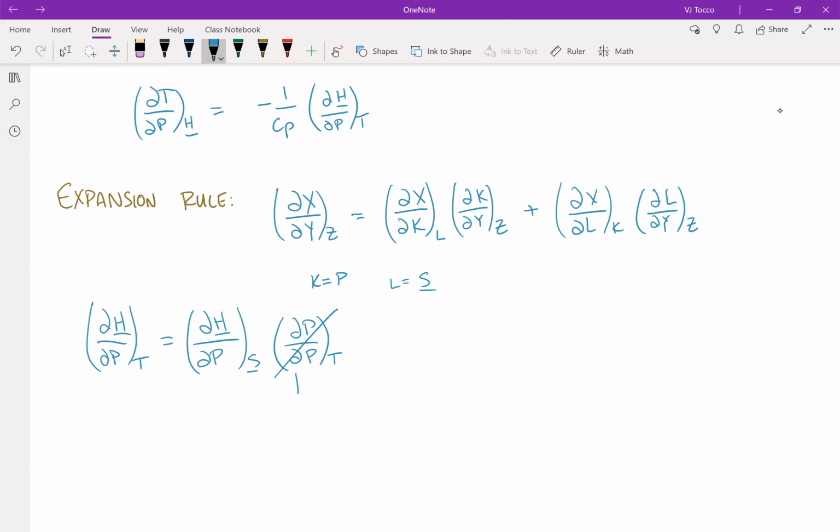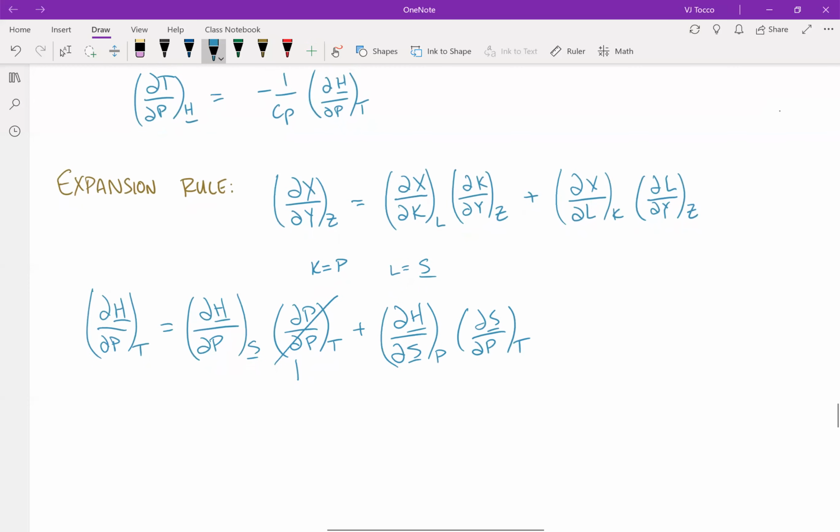If I change a variable by a certain amount, that same variable will have changed by that amount every time. So if I change P by 5, my change in P is also going to be 5. Plus dH dS at constant P times dS dP at constant T.